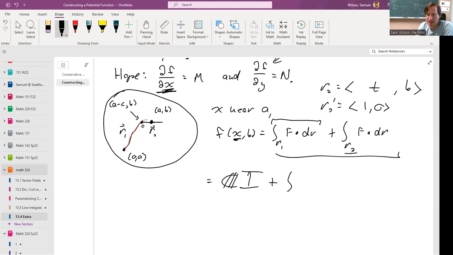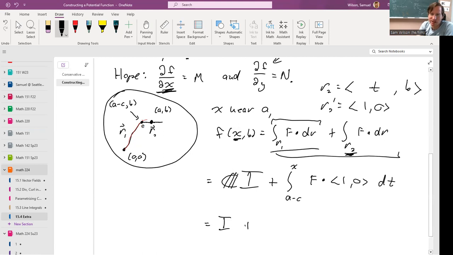And the integral for R2 is from t equals a minus c up to x, of F dot (1, 0) dt.